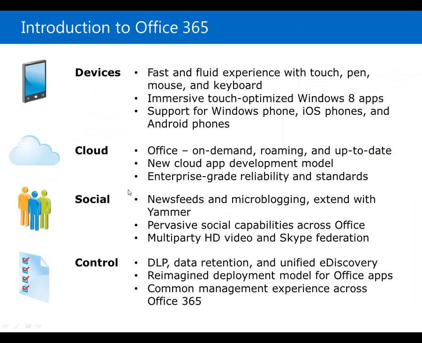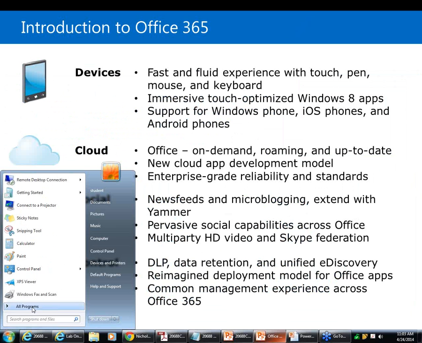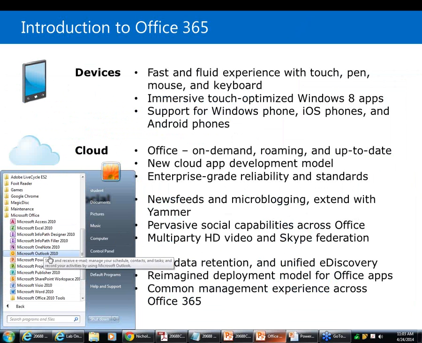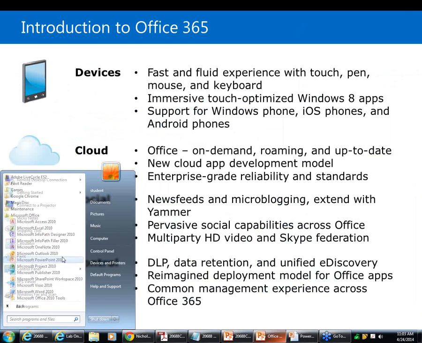Okay. So let's talk about Office 2000. Oh, my apologies. Let's talk about Office 365. Office 365 is Microsoft's cloud version of Microsoft Office. Traditionally, people are accustomed to sitting at a computer. They go to the start screen and they see their Office folder, and then they have Office there. It might be Office 2010, it might be Office 2013, it might be 2007, 2003, you name it.